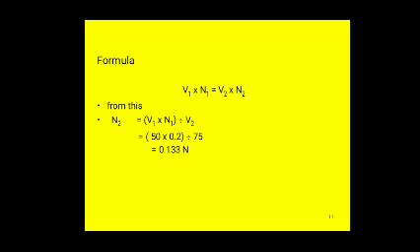Then you get the normality of NaOH as 0.133N. Hence, the normality of NaOH solution is 0.133N.